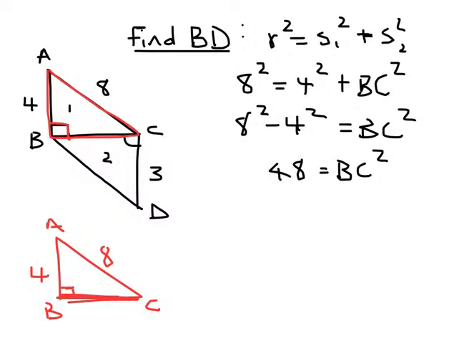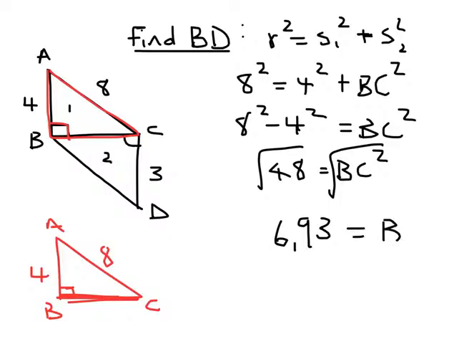You will definitely need to square root both sides so that you find what BC is. I've punched in the square root of 48. This is what I'm getting. I'll round it to 2 decimal places, and BC is equal to 6.93.